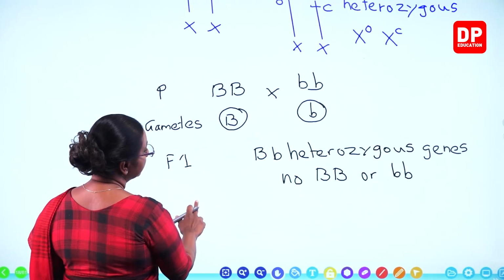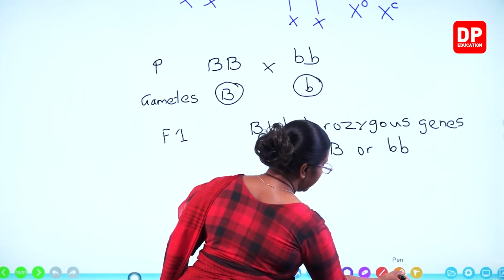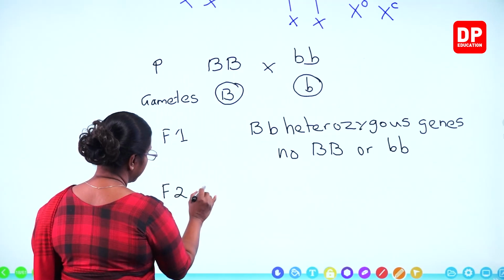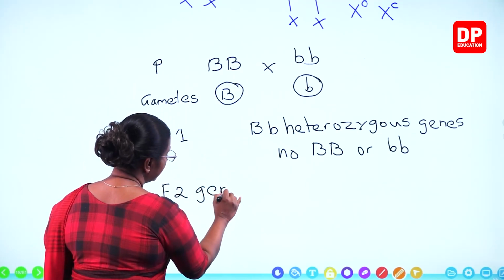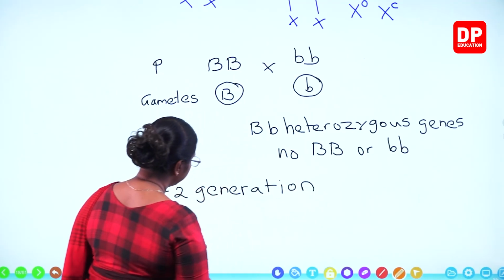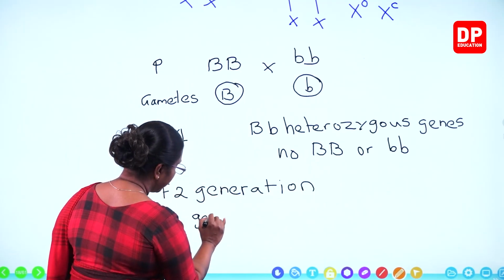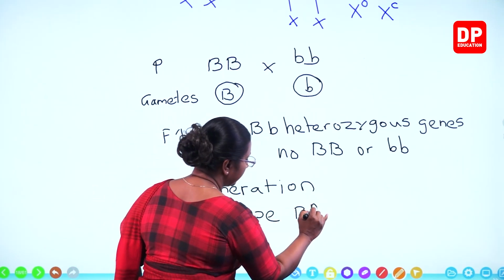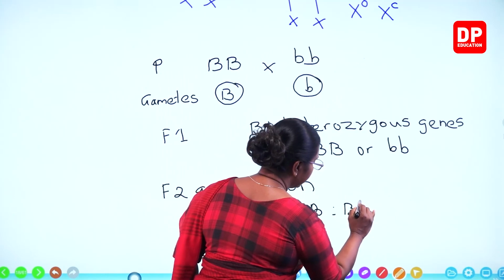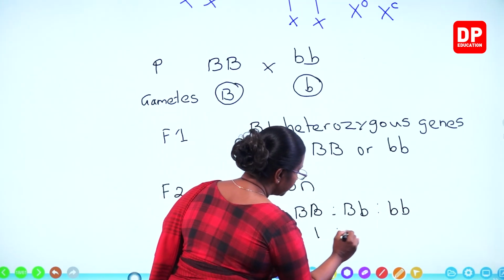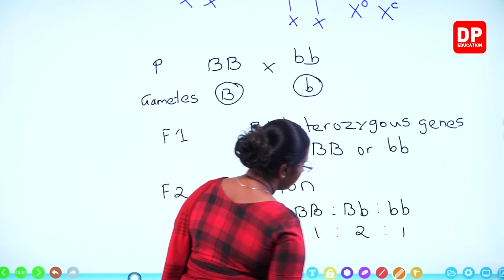here we have got the F1 generation. Now if you get the F2 generation, I am not doing the full explanation. I am just writing the ratio. F2 generation, genotype is going to be capital B is to capital B, simple B is to simple B. And this is going to be 1:2:1.